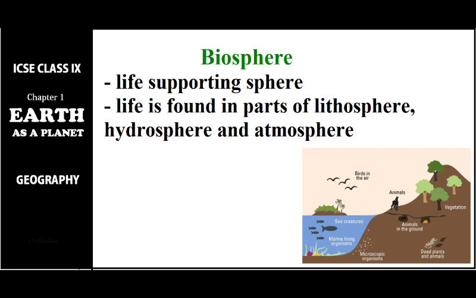So that is the extent of the biosphere underneath. If we go up in the sky, we can see birds and microorganisms, etc., living in the sky, and it is found that certain birds fly at a height of 16 to 17 kilometers, right? So till that height, the region is part of the biosphere, right? So the entire area that supports life is part of the biosphere.